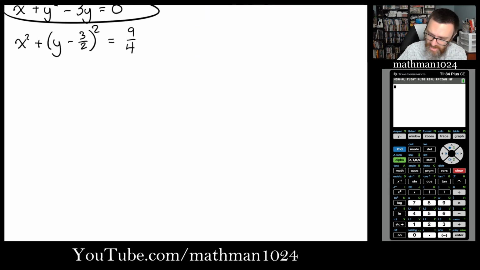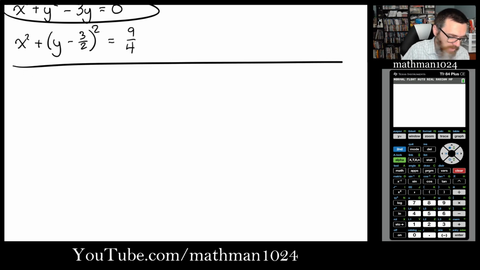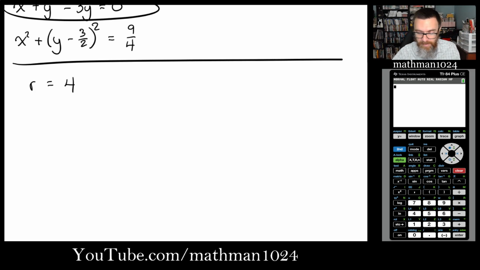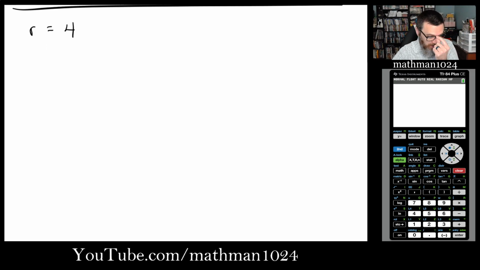All right, let's look at this next one. For the next one, we have r equals 4. Now this one is actually quite simple, but it requires a bit of a trick. So one of the things that we can do is multiply both sides times r.